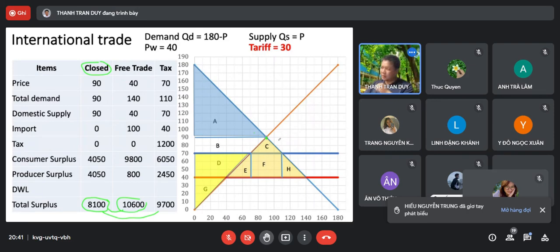So this area will be 1, 2, 3, 4, 5, right? 50, multiplied by 1, 2, 3, 4, 5, 6, 7, 8, 9, 10. 10 multiplied by 5 divided by 2 is 25. And what we lost by the tariffs will be the two areas we already mentioned.